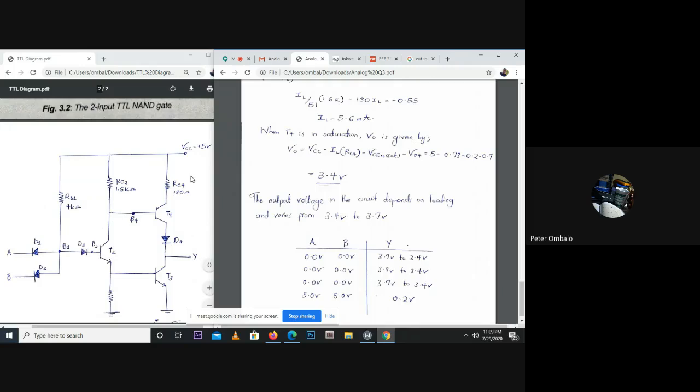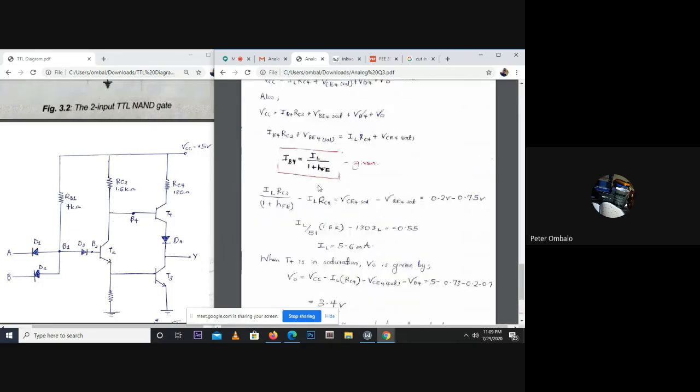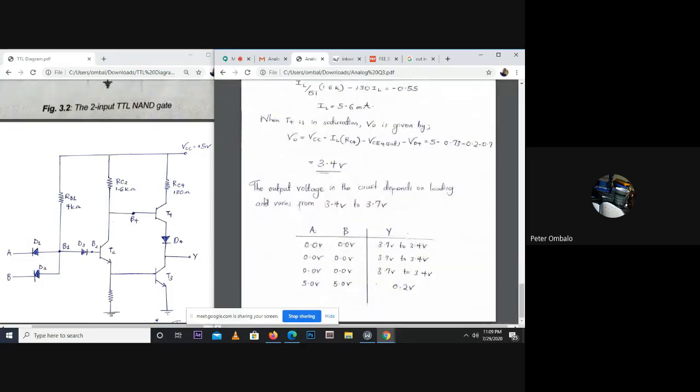But when the load is less, the current that flows is also less, so there's less drop, and we end up with 3.7. So the output voltage in the circuit depends on loading and varies from 3.4 volts to 3.7 volts.